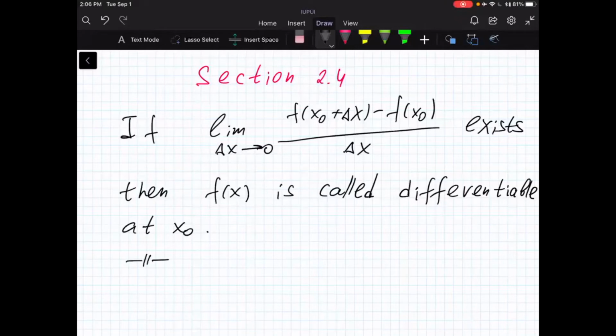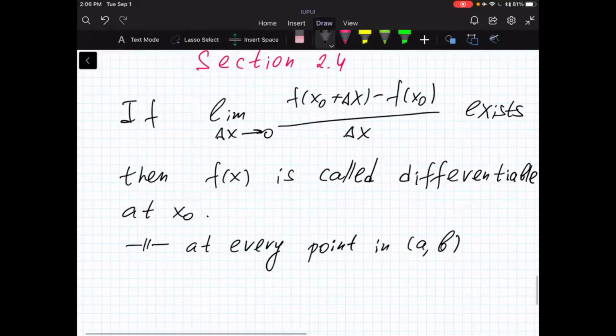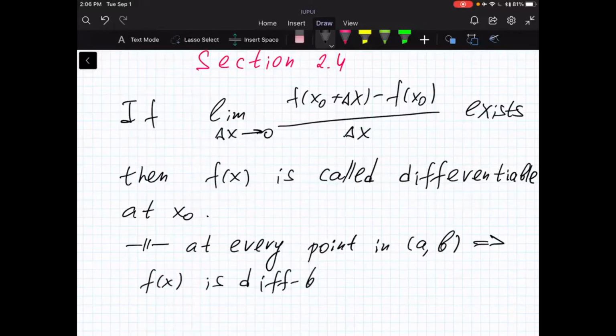If the same holds at every point in the interval AB, then the function is differentiable in the whole interval AB.